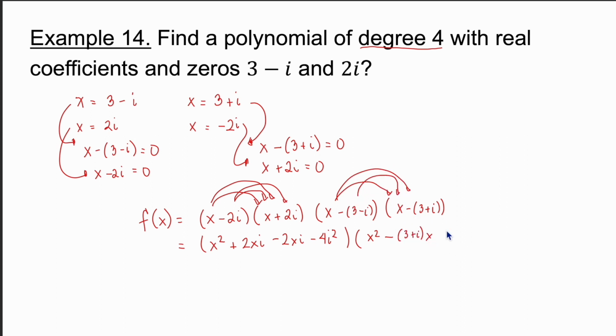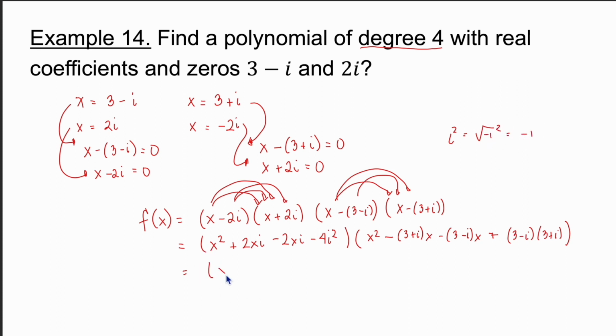Then we also have negative 3 minus i x. Okay? Then plus, we have 3 minus i, 3 plus i. We know that i squared equals the square root of negative 1 squared. So that is negative 1.